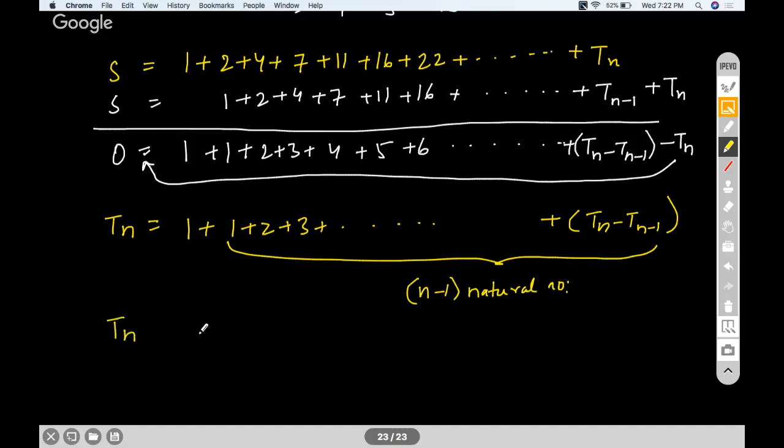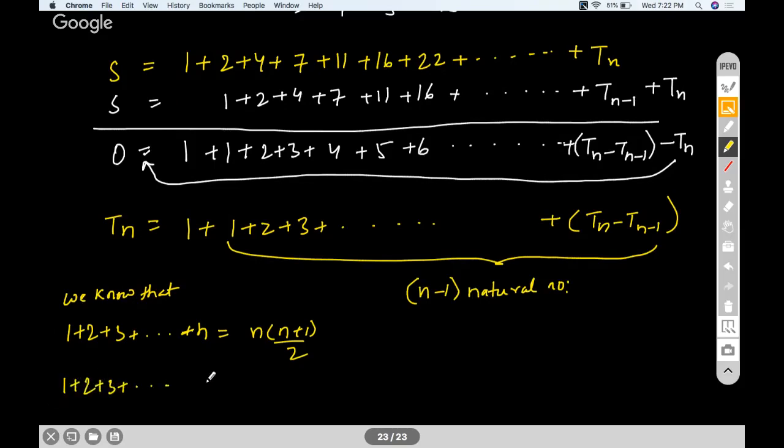Whose sum we all know from our junior classes: the sum till n terms, 1 plus 2 plus 3 till n, is n into n plus 1 by 2. Correct? If I sum the very same thing till n minus 1 instead, my sum will be n minus 1 into n by 2. Correct?